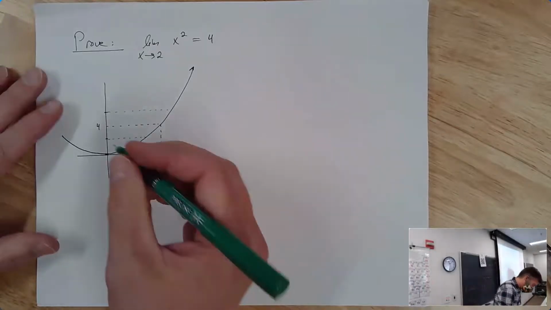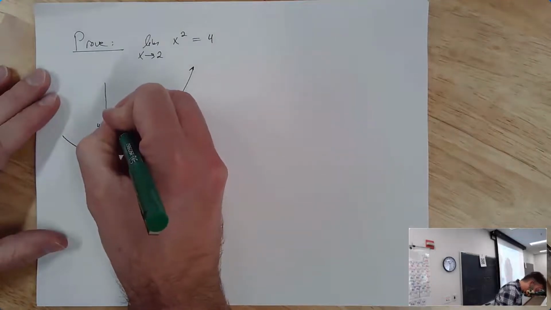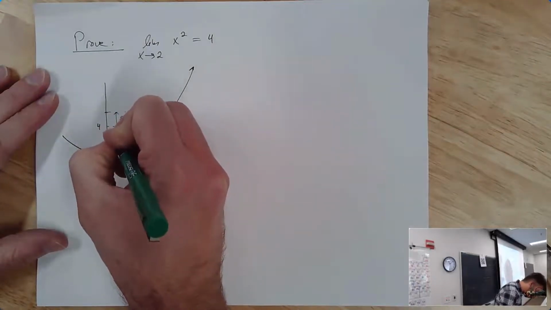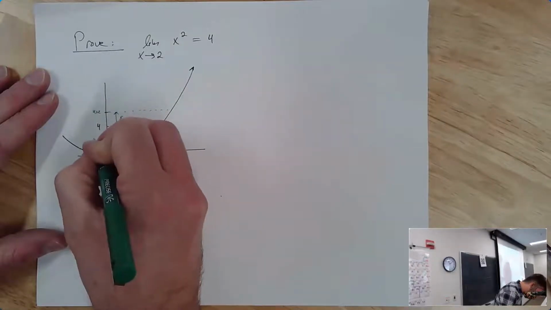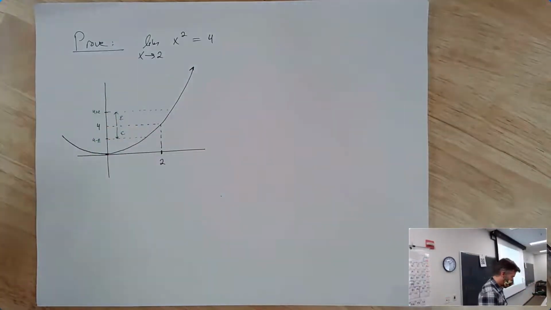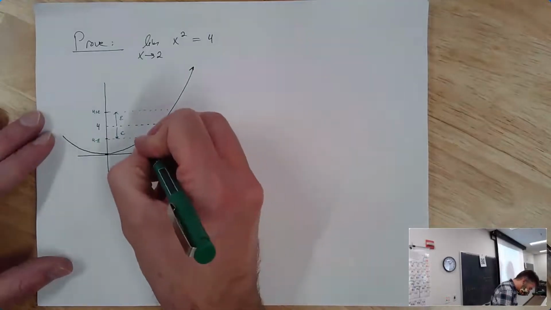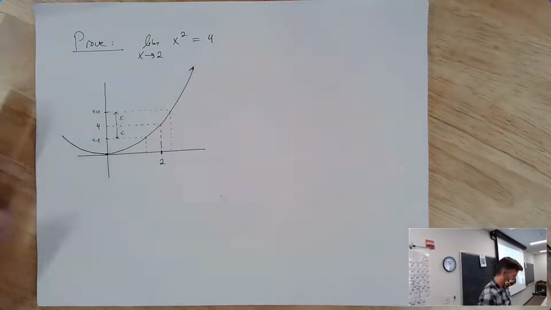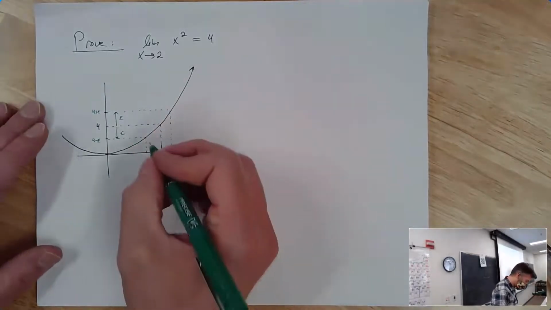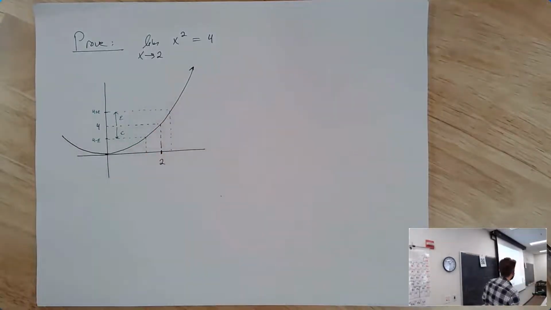So we're going epsilon in either direction from 4. Here we've got 4 plus epsilon, here we've got 4 minus epsilon. And now if we look, I've drawn this accurately enough that you can totally see that the delta to the left and to the right are not the same amount.